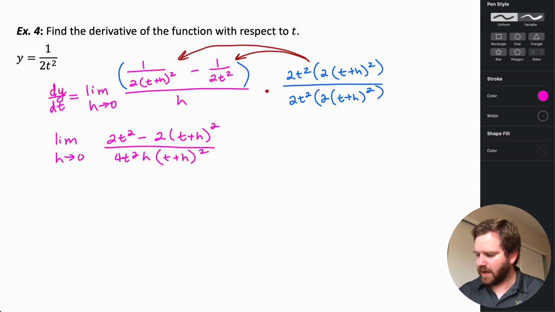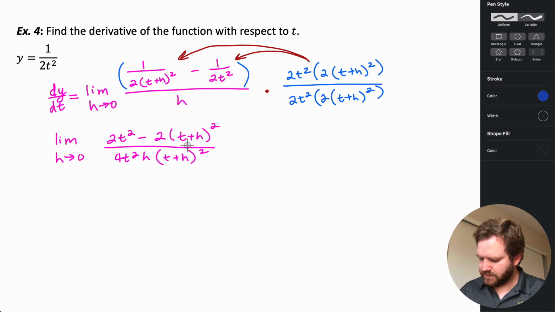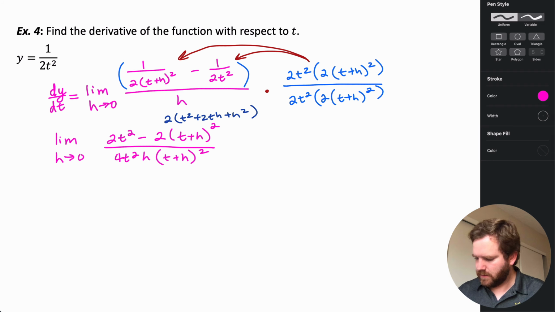So let's expand the top because I think we'll get some simplifying that will be nice. If I expand this, this is 2 times t squared plus 2th plus h squared. Distributing the negative 2 through is going to give me this.